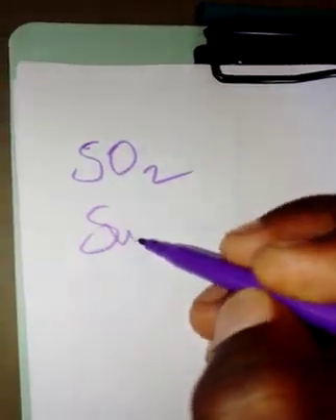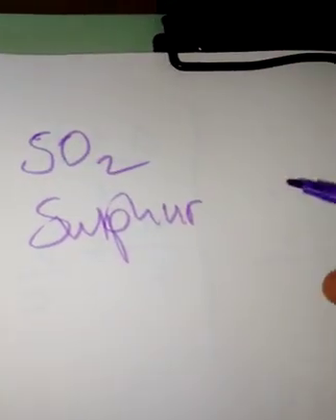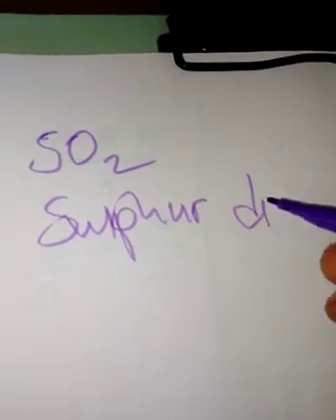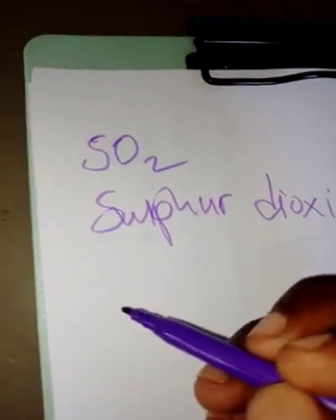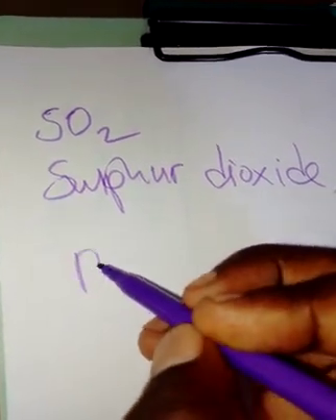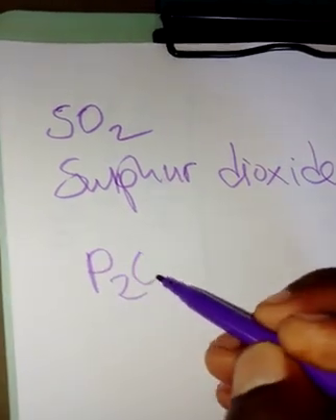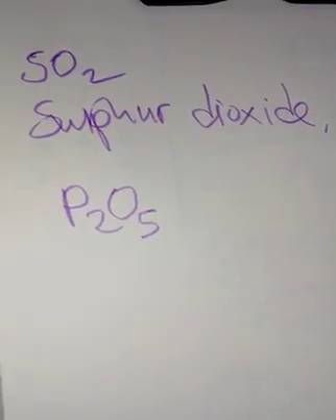What about this one? Let's say you have SO2. What is the name of that compound? So we know that is sulfur. So you write sulfur. Then this is oxygen. So dioxide. Sulfur dioxide. Okay. Then what about this one? P2O5. What is the name of the compound?